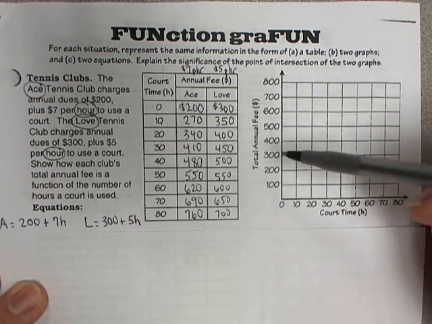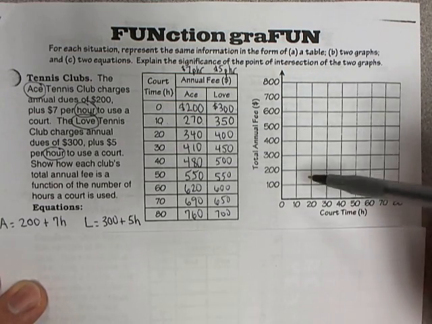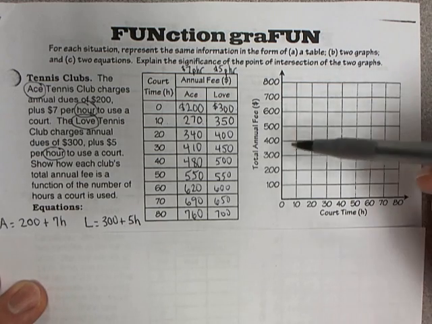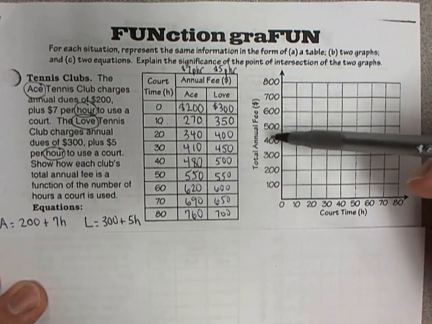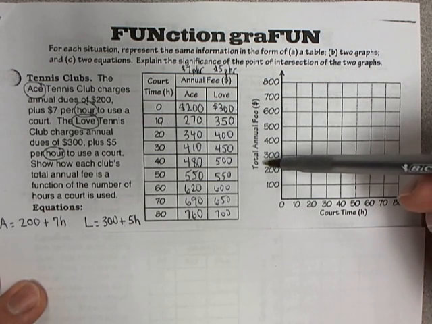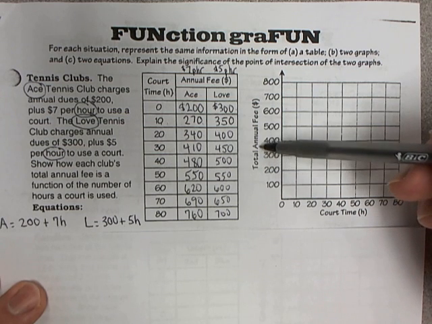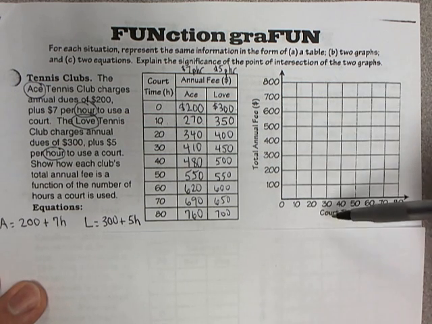Now let's take this data from the table and transfer it over to the graph. And we can see on the y-axis the units that are being used would be total annual fee, and then on the x-axis is court time.